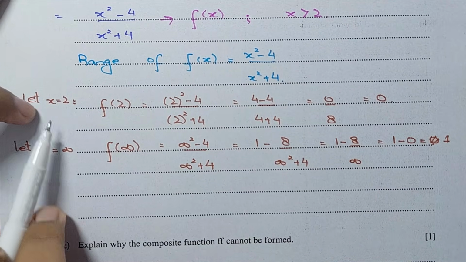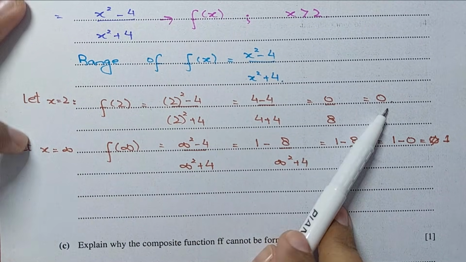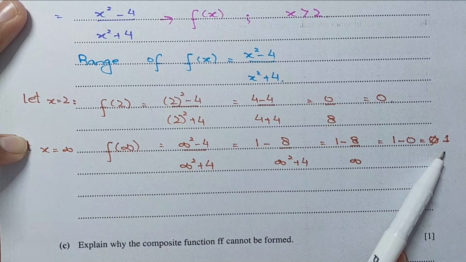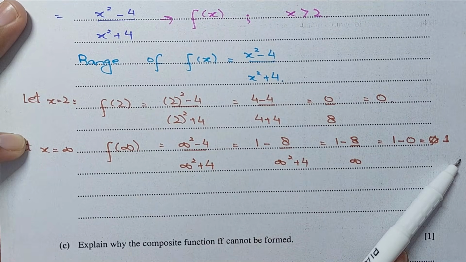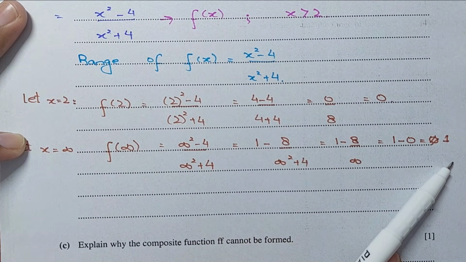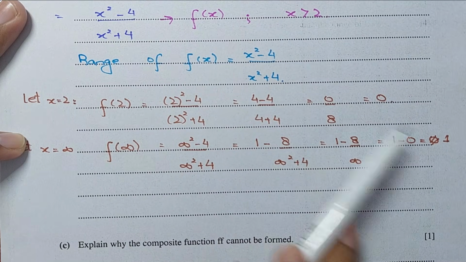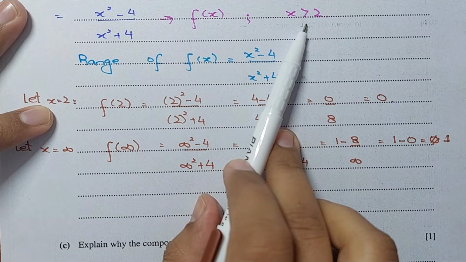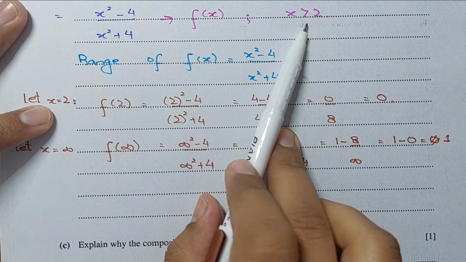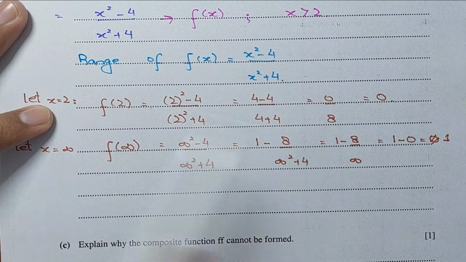So you can see when you put x equals to 2, the answer is 0. When you put x equals to infinity, the answer is 1. So what are the outputs? The output lies between 0 and 1, but not equals to 0 and equals to 1. Why? Because x is not exactly equals to 2. X is more than 2, so that is why it is between 0 and 1.